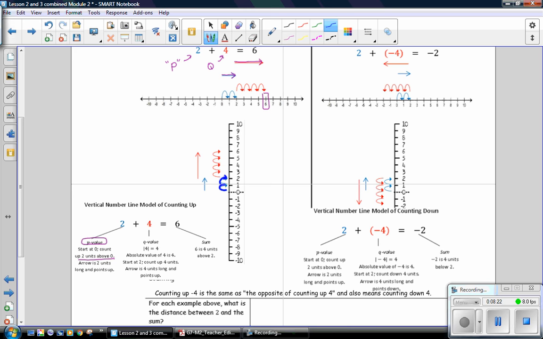Then our second value is called our q value, and the absolute value of 4 is 4. So we start at 2 and we count up 4 units. The arrow is 4 units long and it points up. That's our red arrow here, 1, 2, 3, 4. And that models the relationship 2 plus 4 equals 6. And where you end up on your number line is the sum.